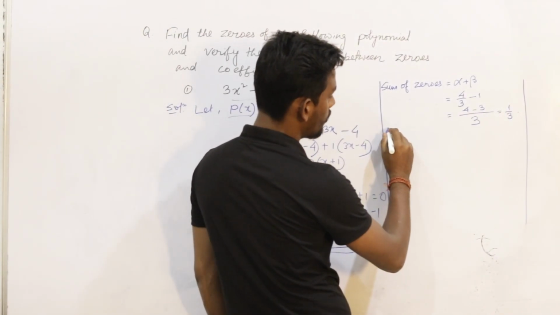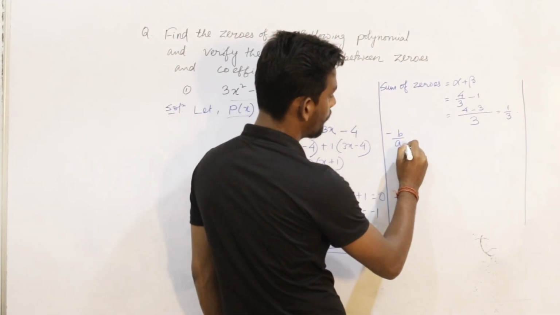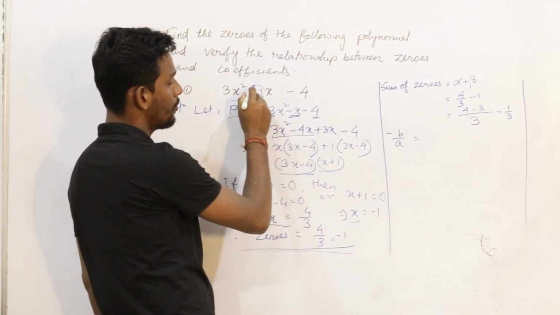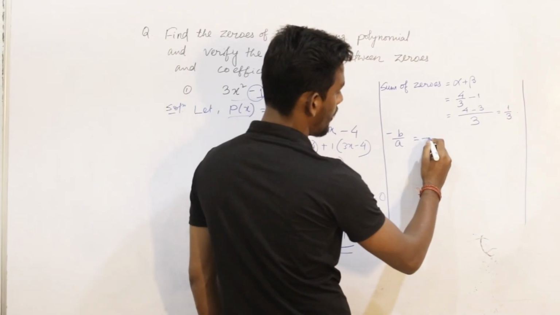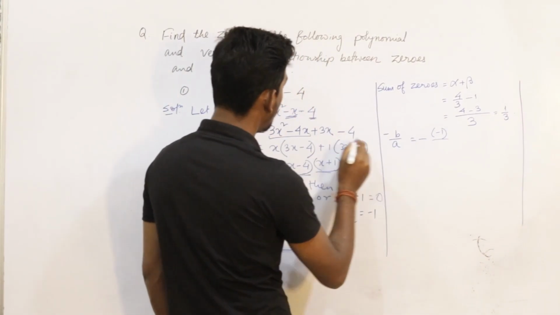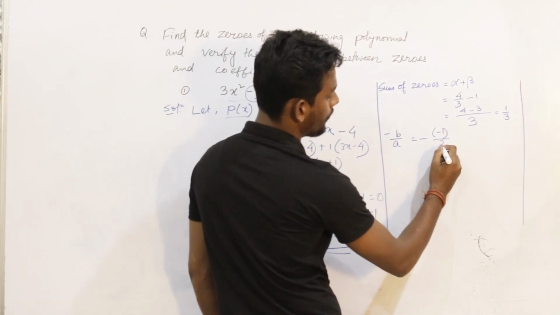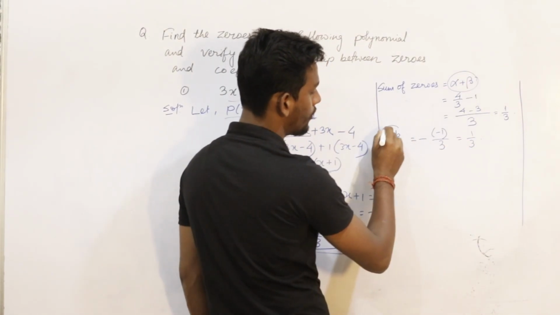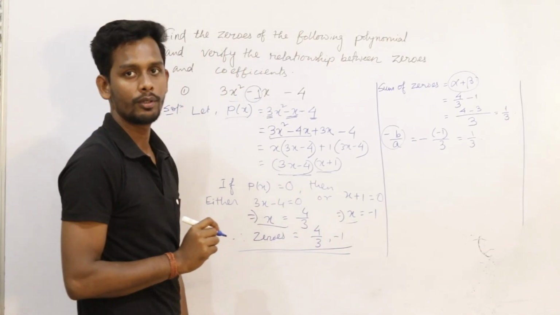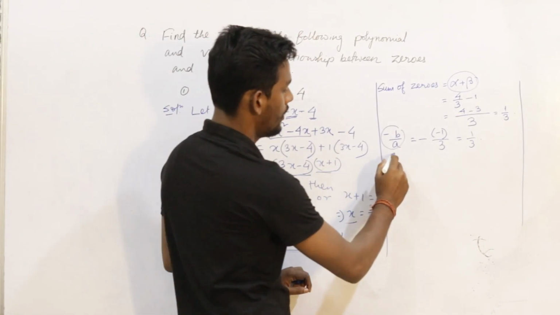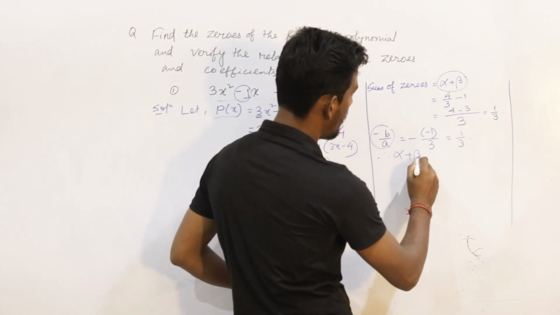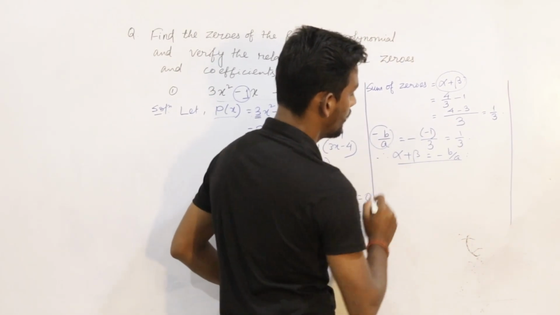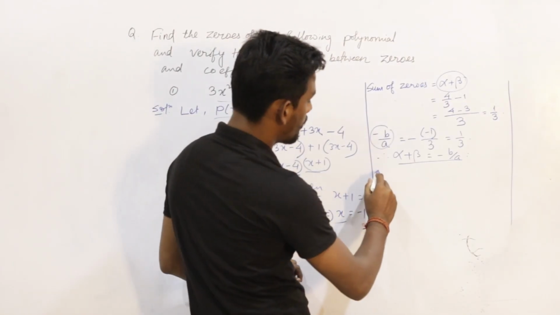So we can write also minus b by a. What is b here? b is minus 1. What is a? a is 3. Minus minus plus 1 by 3. So alpha plus beta is equal to minus b by a. So the relation is verified. Next, second, product of zeros.